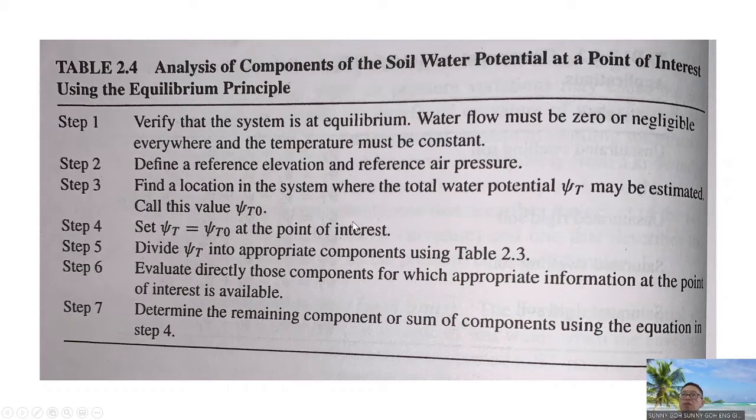Okay, so kita pilih satu kawasan di mana kita boleh tentukan total water potential pada titik itu, dan kita setkan titik itu sebagai WT naught. And WT naught ni mesti pada kedudukan yang kita berminat. Okay, point of interest yang kita nak tentukan. Okay, total potential itu.